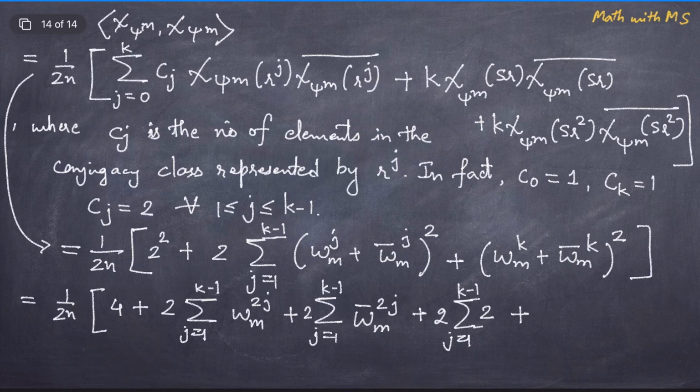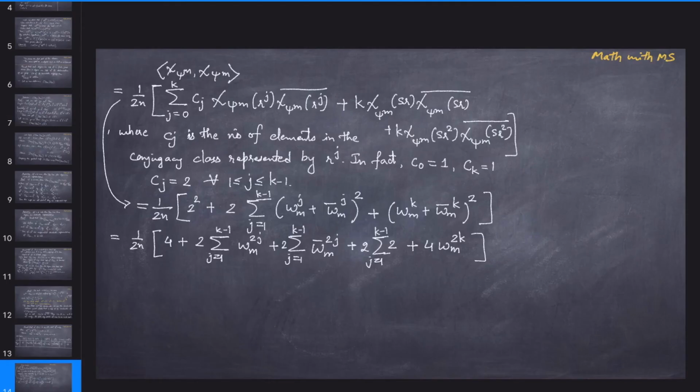Therefore, omega m to the power k bar is the same as omega m to the power k, because k is exactly half of n and omega m is the nth root of unity. So this is just the same as 4 times omega m to the power 2k. Notice that omega m to the power 2k is 1, but I want to just keep it in this form because I want to use the expression that the sum of the powers of a non-trivial root of unity is 0. Let us simplify it further.